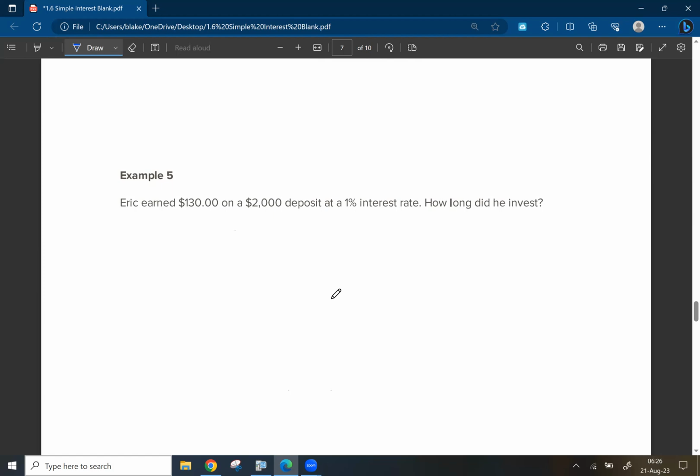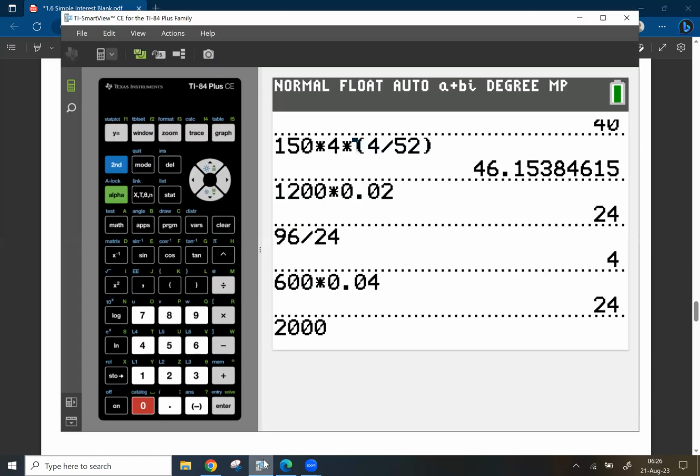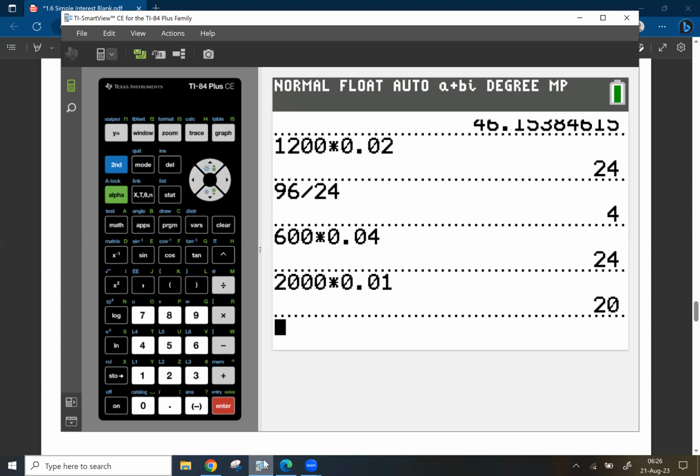Eric earned $130 on a $2,000 deposit at 1% interest. How long did he invest? Okay. So again, pretty much the same problem as the last 2 or 3 problems. So we'll multiply the 2,000 times the 1%, 0.01, which is 20.